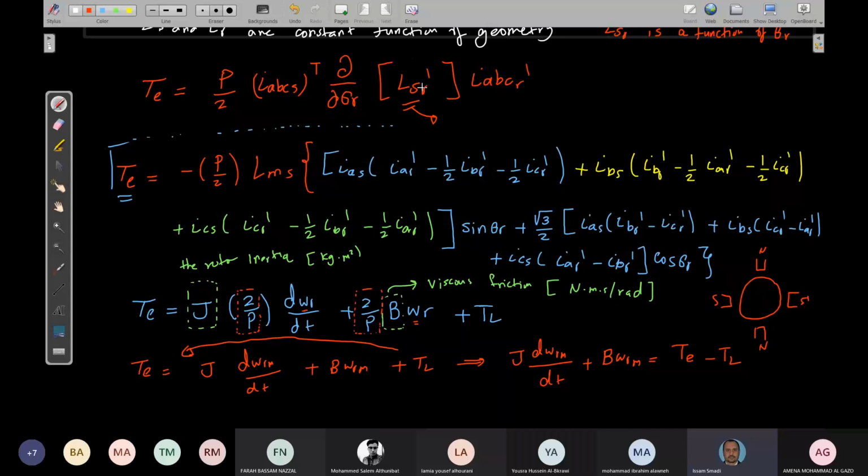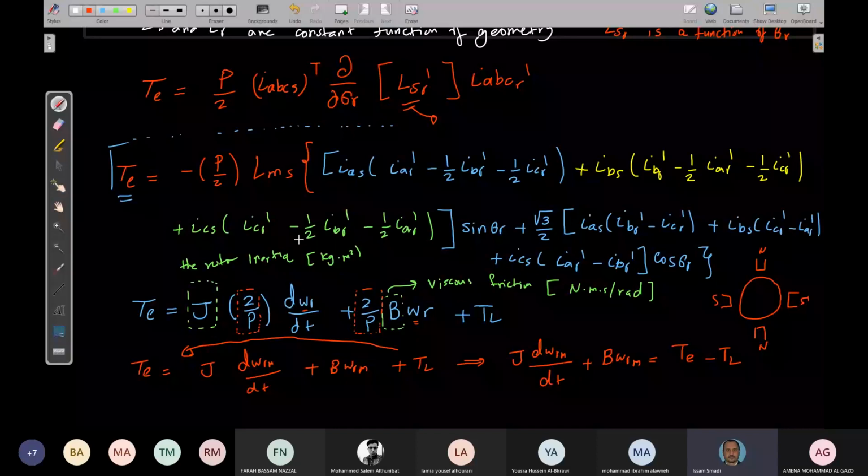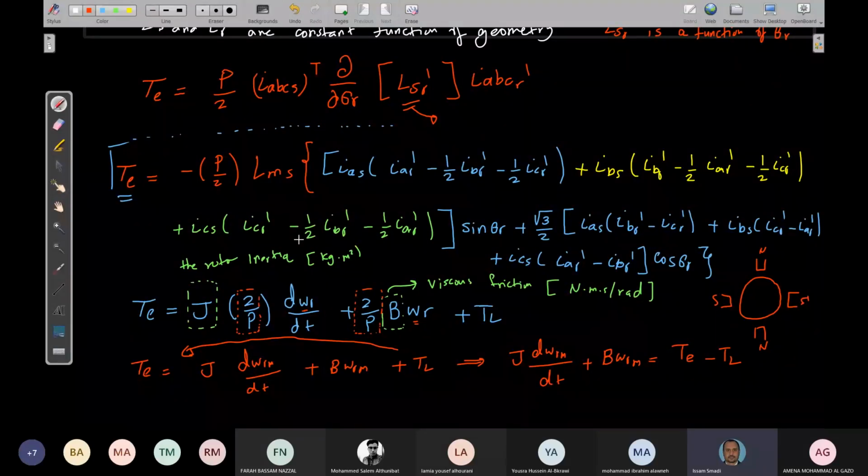So the most difficult thing is that the matrices, or the LSR, are a function of theta r, which is a function of time. This will cause the nonlinearity in the system. So can we have a transformation or a change of variable in order to simplify the complexity of the machine mathematical model? We will try to answer this question in this lecture, inshallah.